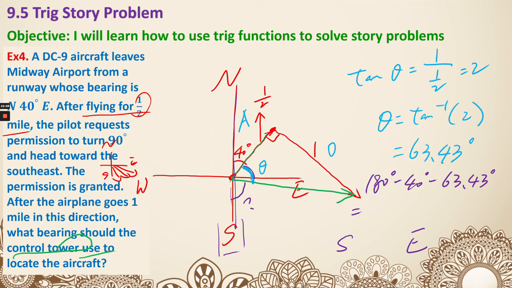After calculation, that should give you 76.57. And that is the angle we actually need, and this is the bearing we actually need to present from the control tower to the aircraft. That is example 9.